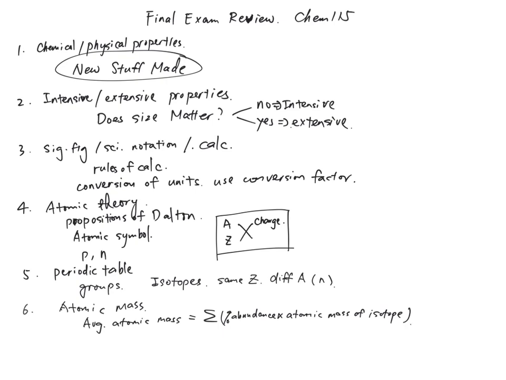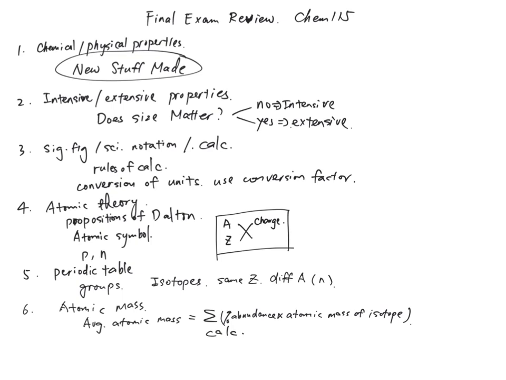Can you do that calculation provided with the percent abundance and things like that? Can you figure out the average atomic mass?